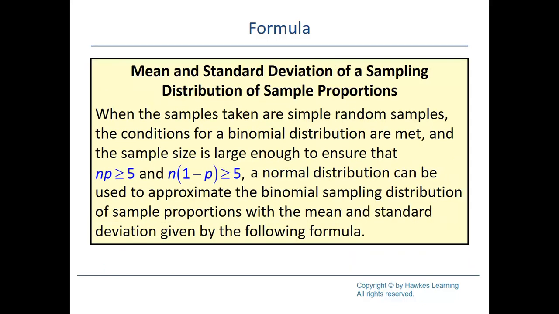Now, this P item should sound a little familiar. When you talk about the means and standard deviations of a sampling distribution for a sample proportion, this has to meet our conditions of a binomial distribution. We saw that P previously with the set number of trials as a binomial distribution.